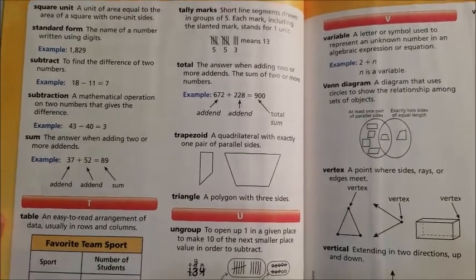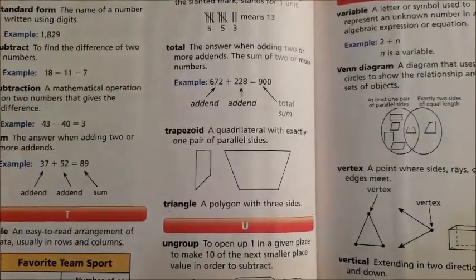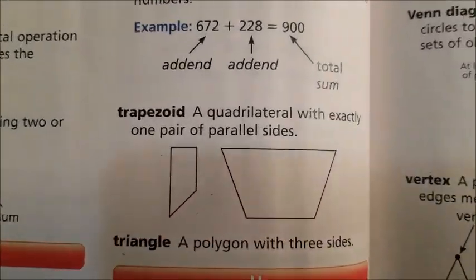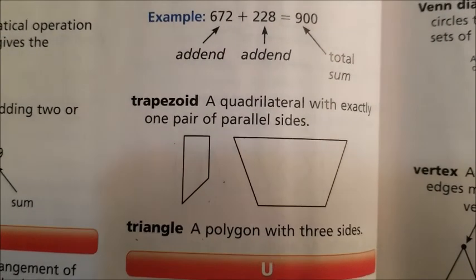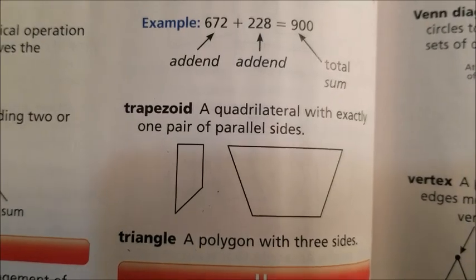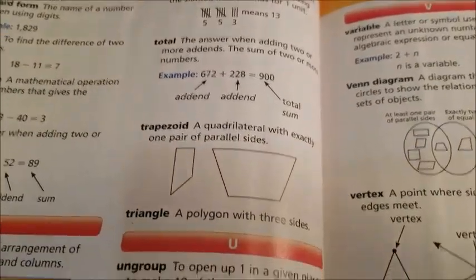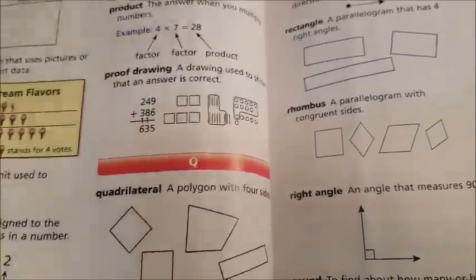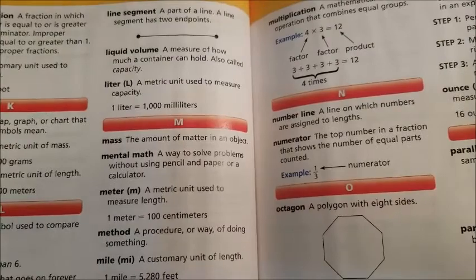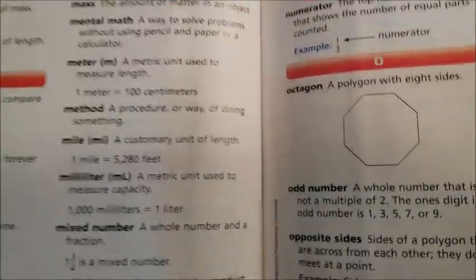Let's take another look into the glossary of our book. There you go, trapezoid, a quadrilateral with exactly one pair of parallel sides. And there we have a couple examples. Let's find opposite sides. I bet that's in here somewhere. There you go, right there, opposite sides.